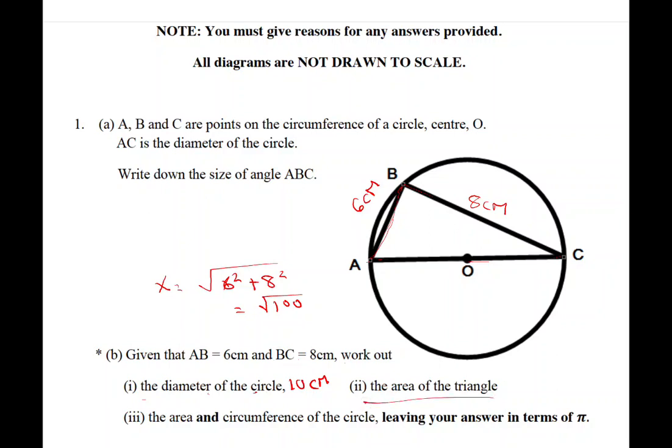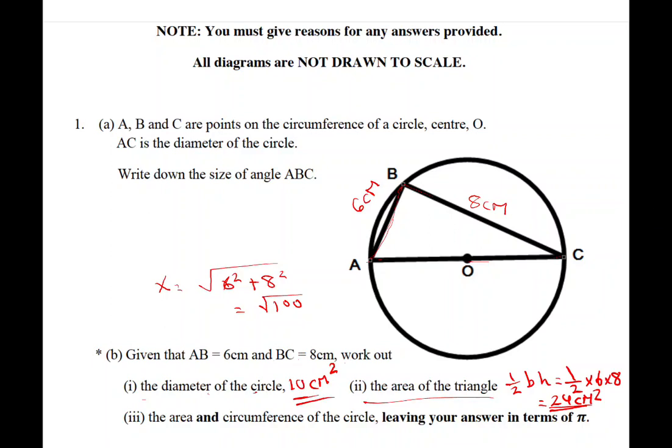Now you want the area of the triangle. The area of the triangle is half base times height, which is equal to half times 6 times 8, which is equal to 24 centimeter squared, because we're talking about areas.